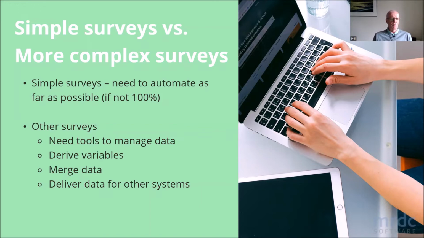Or you might just want to define some more complex variables that put information from two or three variables, questions together into one variable. So there is more need to do more work on the data after it's collected, particularly if you're using some of the more basic tools that specialize in collecting data, but aren't really geared to doing much more with it after they've collected it than perhaps processing it on to the next stage. What I talked about, straight line processing at the beginning.